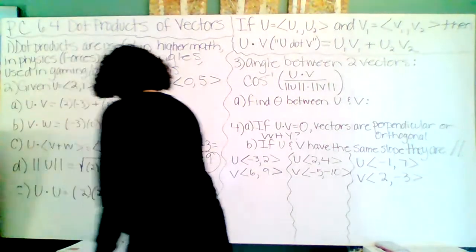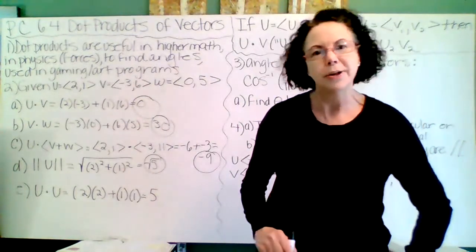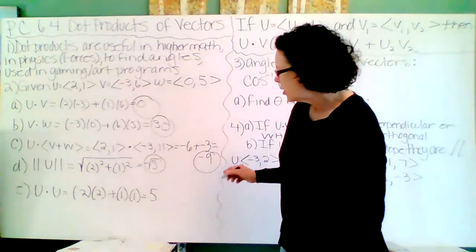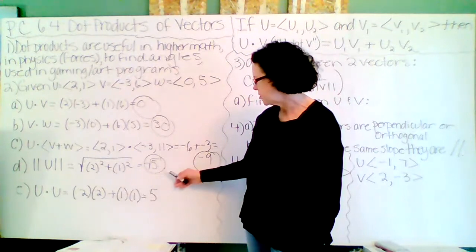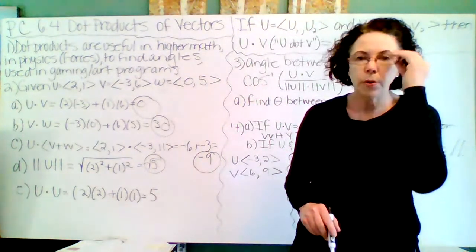So u dot u was very close to the magnitude, except it wasn't the square root. This is pretty cool.